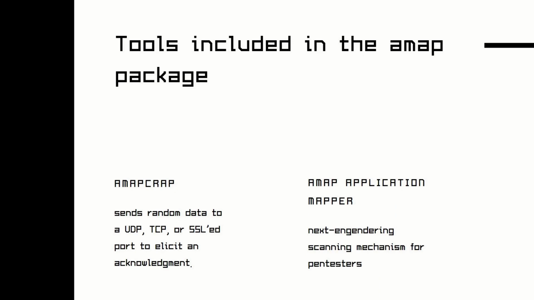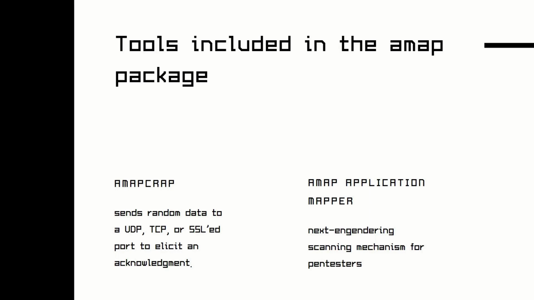Amap graph is a tool which sends random data to a UDP, TCP or SSL port to elicit a response. Amap application mapper is the next generation scanning tool for pen testers.